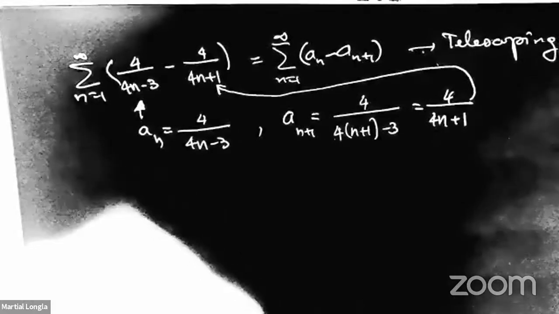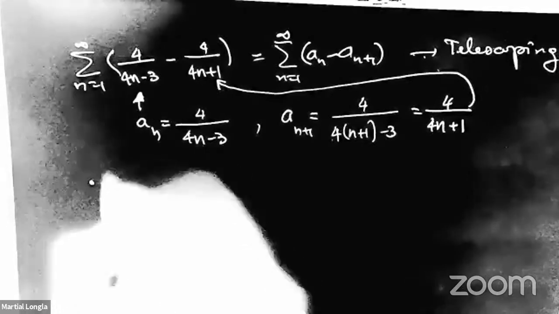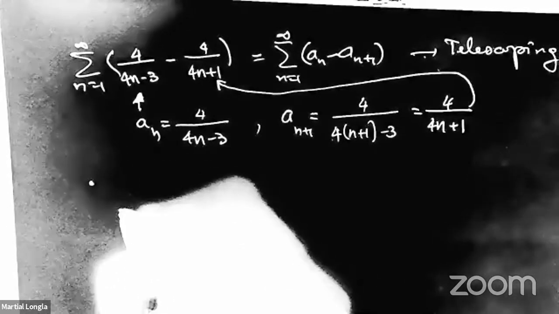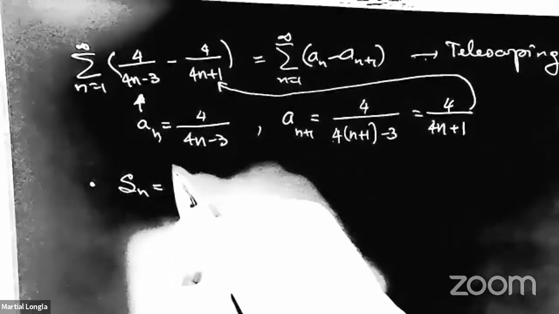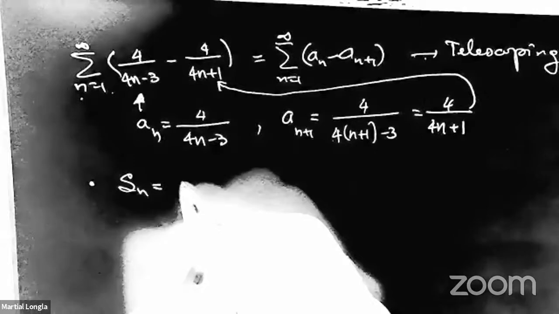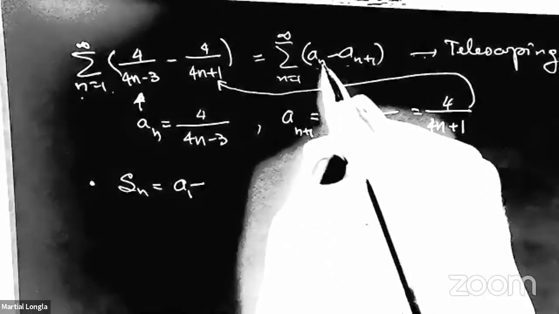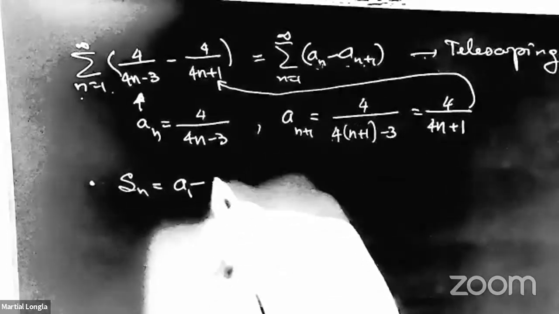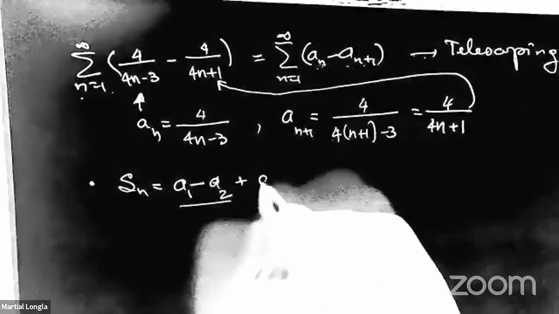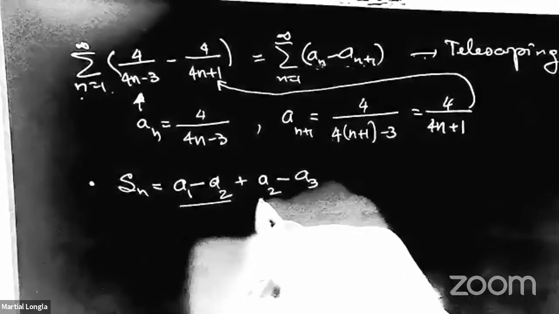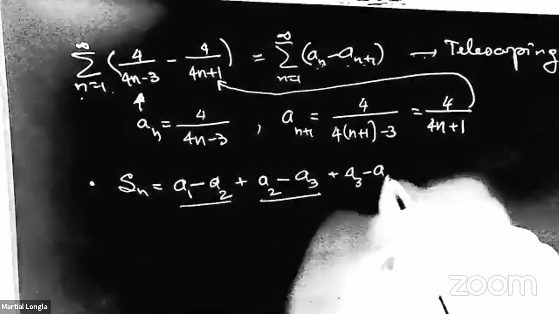And to answer the question, I say you have 2 steps. Write down Sn first, then find the limit of Sn. Anything else is wrong. So you get Sn equals the first term, that will be a1 minus a2, when you plug in n equals 1. Plus the second term, that becomes a2 minus a3. Plus the third term, a3 minus a4.